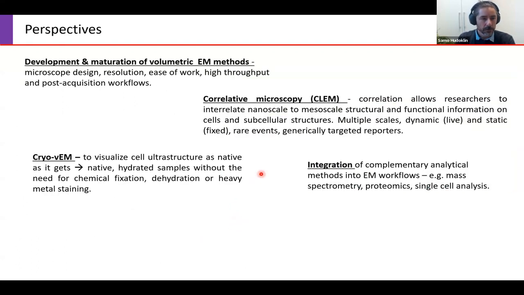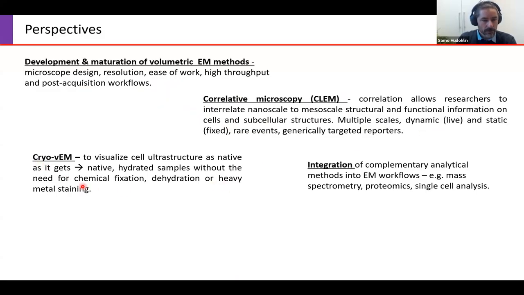What we're going to do in the future, and in general how we see the future of volume EM and other techniques, I think it will increase the throughput. The machines are more and more available and more user-friendly. We try to correlate different aspects of imaging to have multi-modal reconstructions and analysis, to integrate more data together.